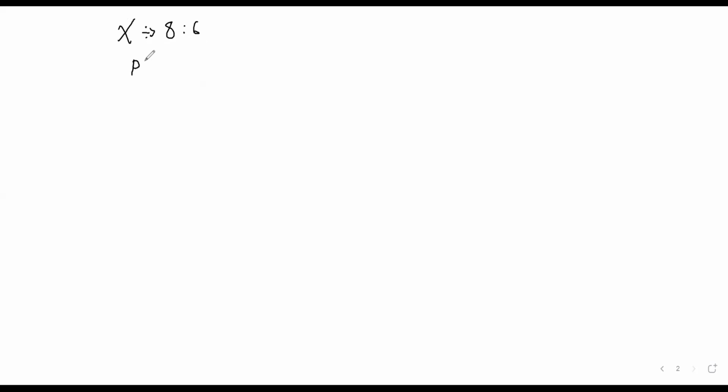So the probability that X will solve it is 6 over 6 plus 8, meaning 6 over 14.